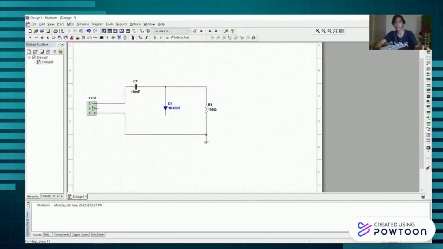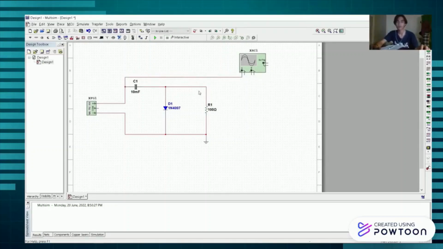Connections for clamper circuit are complete. Next, take out the oscilloscope to measure waveform output voltage during positive and negative cycle. Positive channel A connect to input voltage, negative channel A connect to ground, and positive channel B connect to output voltage. Negative channel B connect to ground.